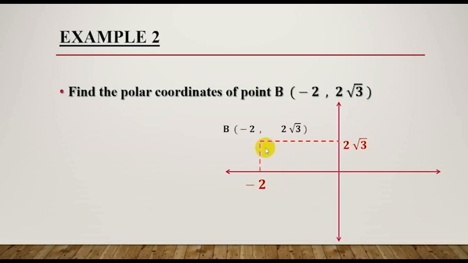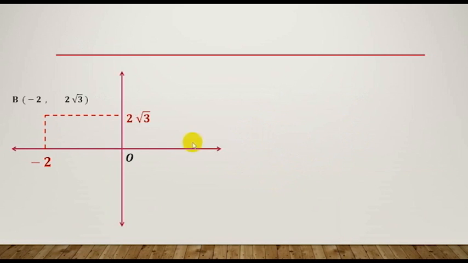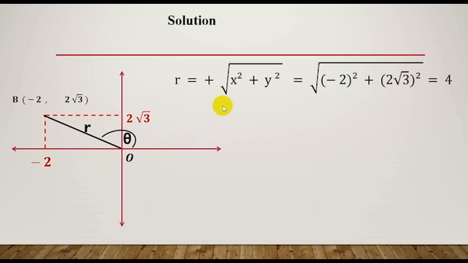So what will be the polar coordinates of this point? Easy. We will find r, which we need, and theta, and it will be counterclockwise, so it will be positive. Let's use the equations.